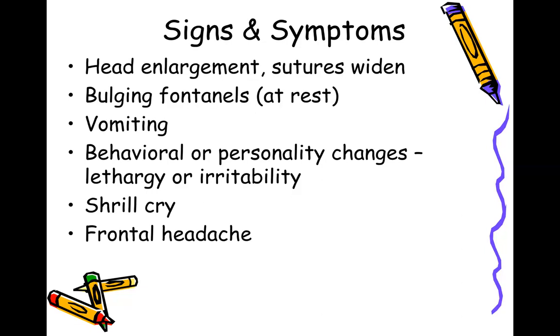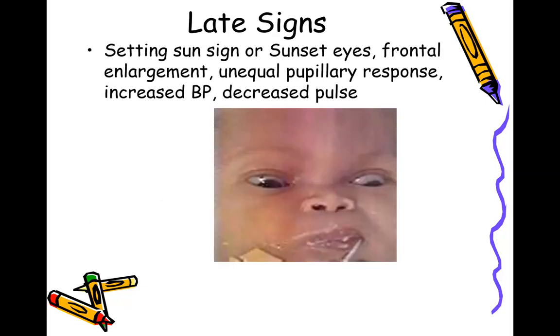Late signs, I'll talk about here in the next slide. Late signs are going to be the setting sun sign or sunset eyes. So that's when the eyes are going to be looking down. Frontal enlargement of the head, so their forehead is going to look like it's getting bigger.